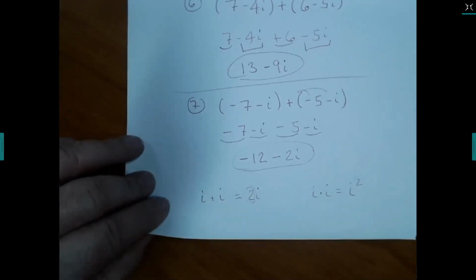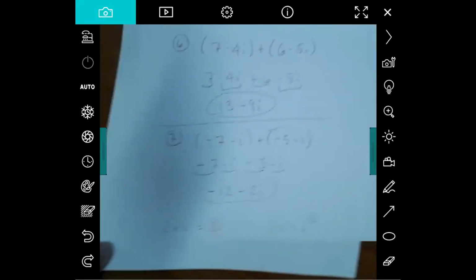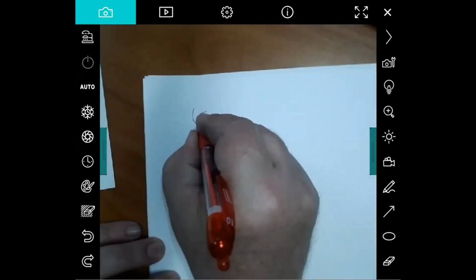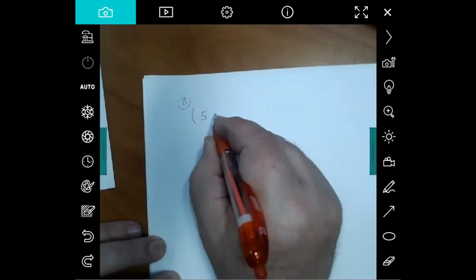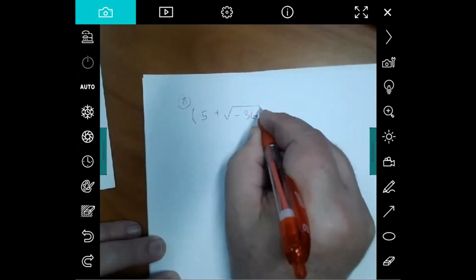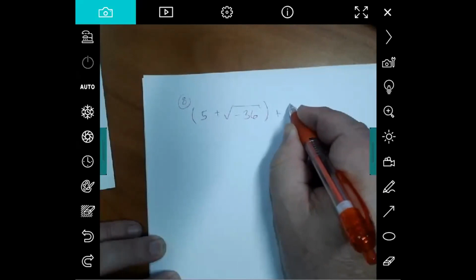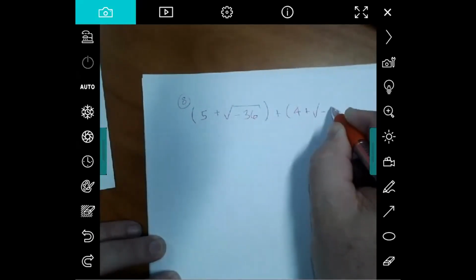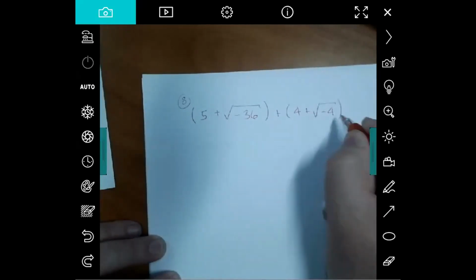Okay, let's look at number 8. This is 8. 5 plus radical negative 36, plus parenthesis 4 plus radical negative 4, close parenthesis.